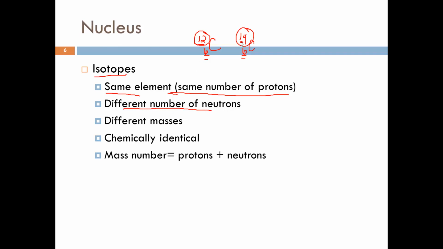This one has 6 neutrons, and this one has 8 neutrons. And as a result, they have different masses. So carbon-12 has a mass of 12, carbon-14 has a mass of 14. But they react identically. So the mass number, which is that top number, is the protons and neutrons added together.